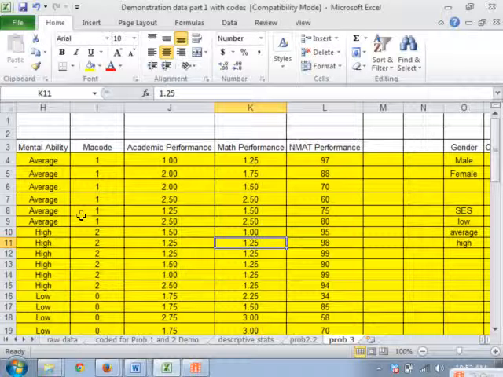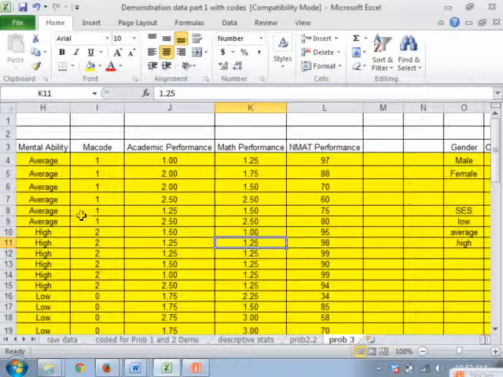So which means the math performance is according to grade, not your percentage results. Remember, math performance is the grade of the students while they were in tertiary level, the average math performance while they were in tertiary.